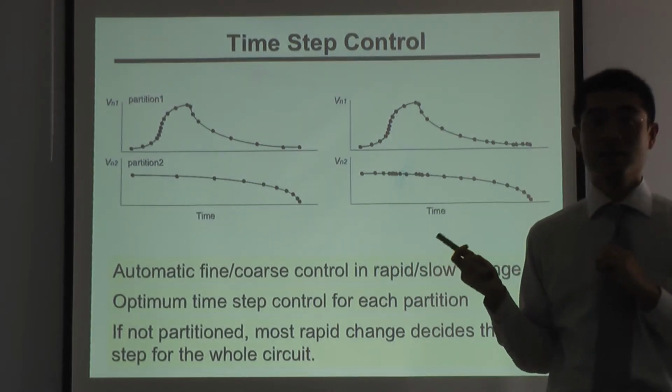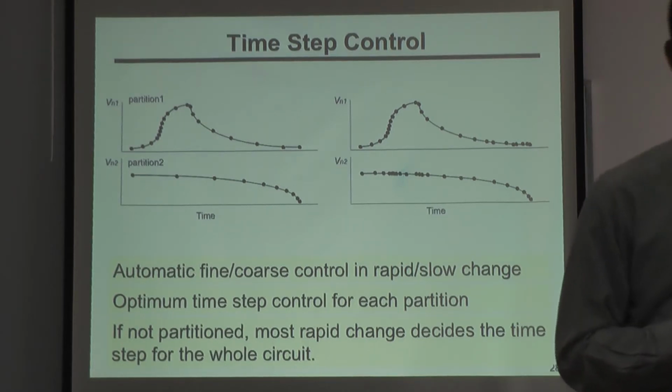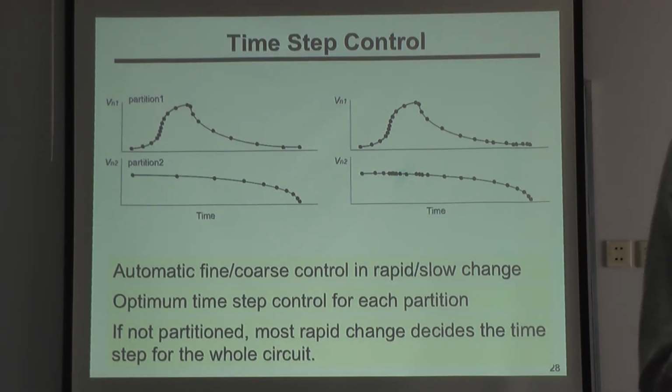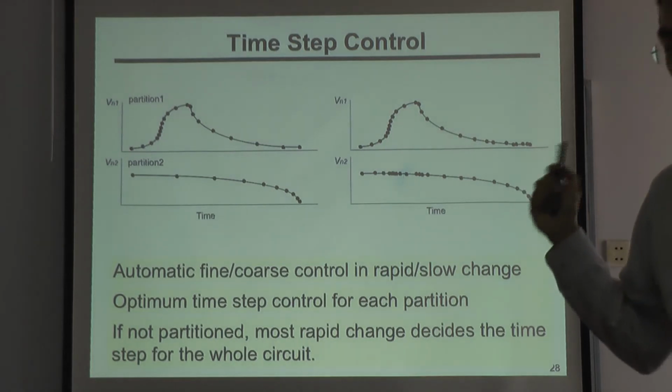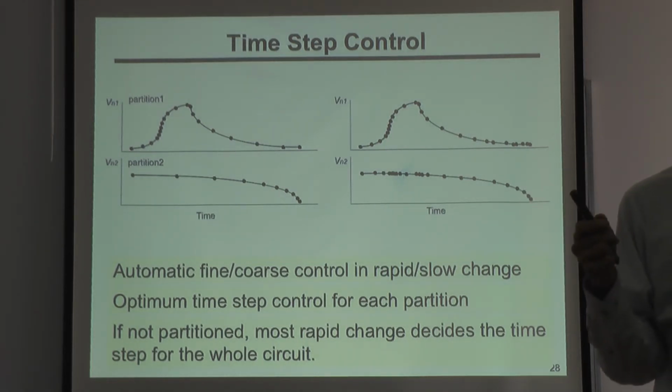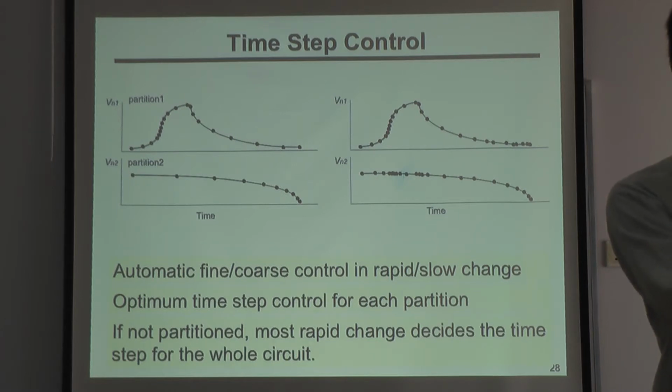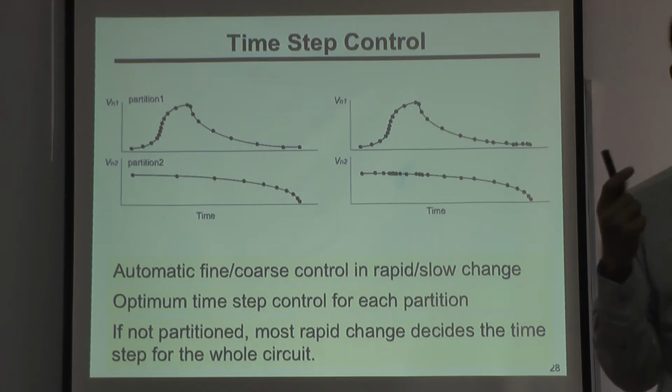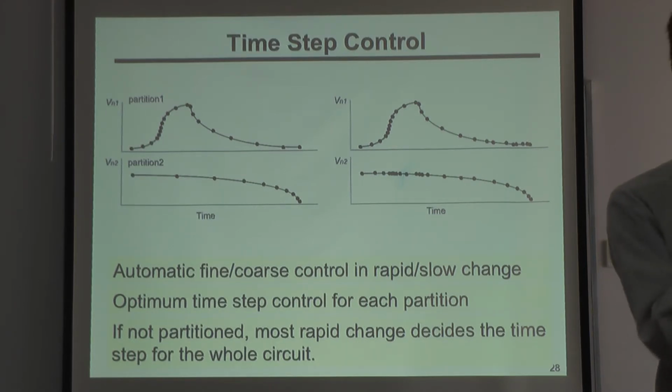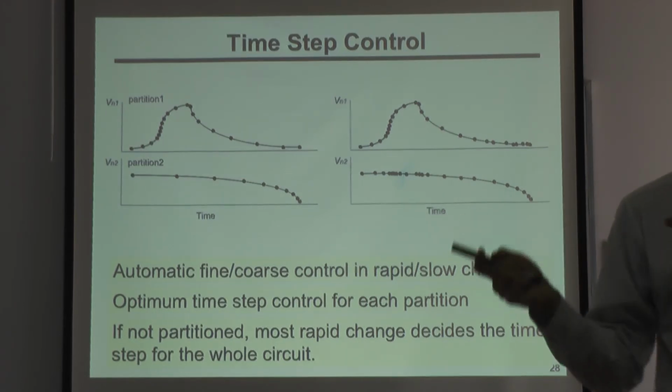Excuse me, I have a question. If in the system we have two blocks, one block that can be partitioned and one block that cannot, can it automatically choose? Yes, yes. Usually fast spice automatically reads all the connectivity and automatically judges whether this block can be partitioned or not.